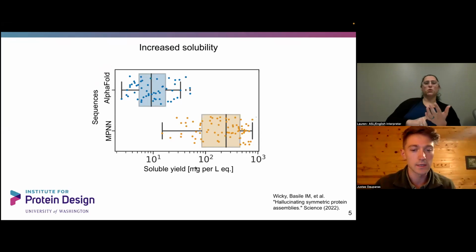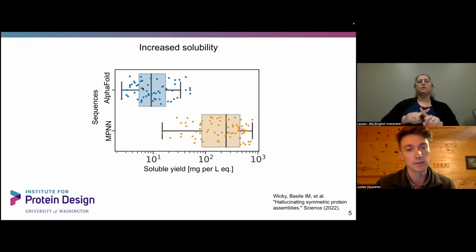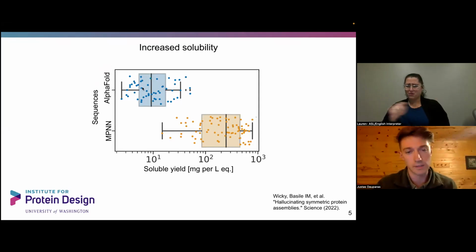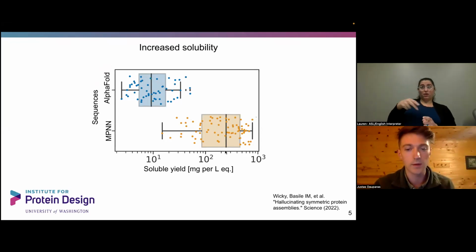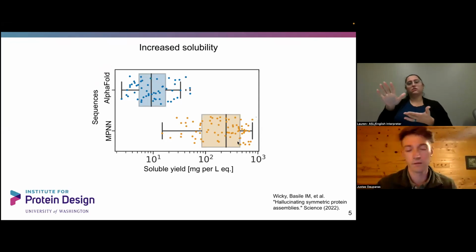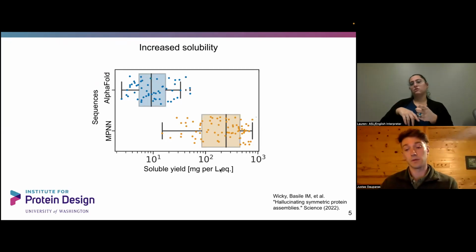The median is about 10 milligrams per liter, and a bunch of them have really low yields, so they are insoluble proteins that aggregated. Redesigning the same exact backbones with ProteinMPNN increased the soluble yield by quite a lot. This is a log scale, so now we are talking about hundreds, even close to thousands, of milligrams per liter.